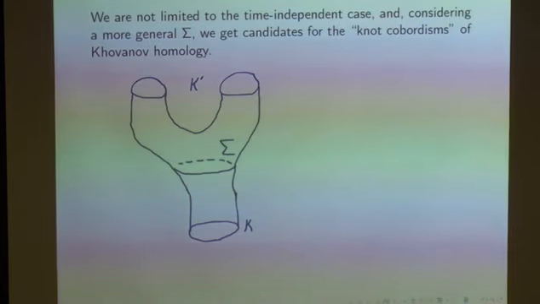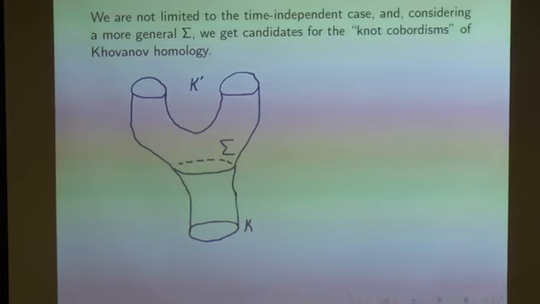I picked a sigma that in the past was time independent with an initial length k. In the future, it's time independent with a final length k prime. And then I picked a very simple sigma that interpolates again. I picked unknots just because it was easier to draw, but the links in the past and future could be more complicated, and likewise sigma could be more complicated. Whatever they are, this picture makes sense.